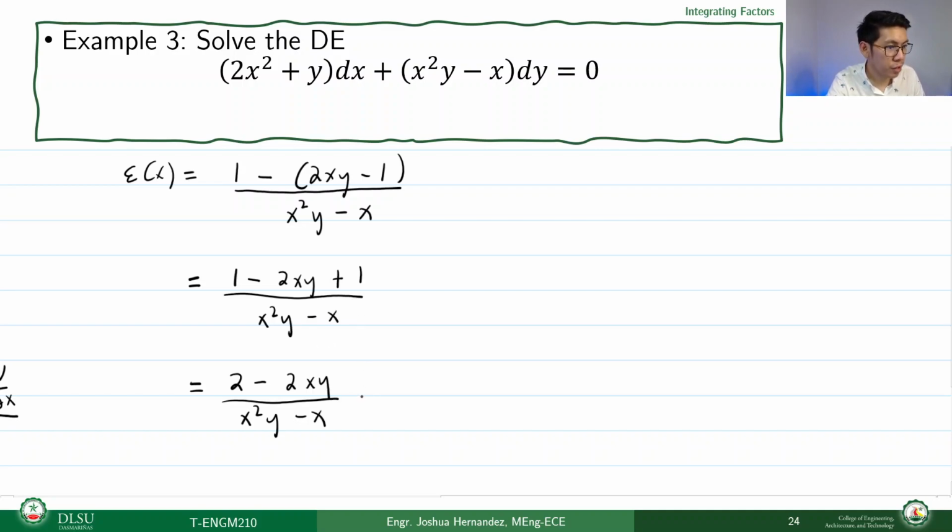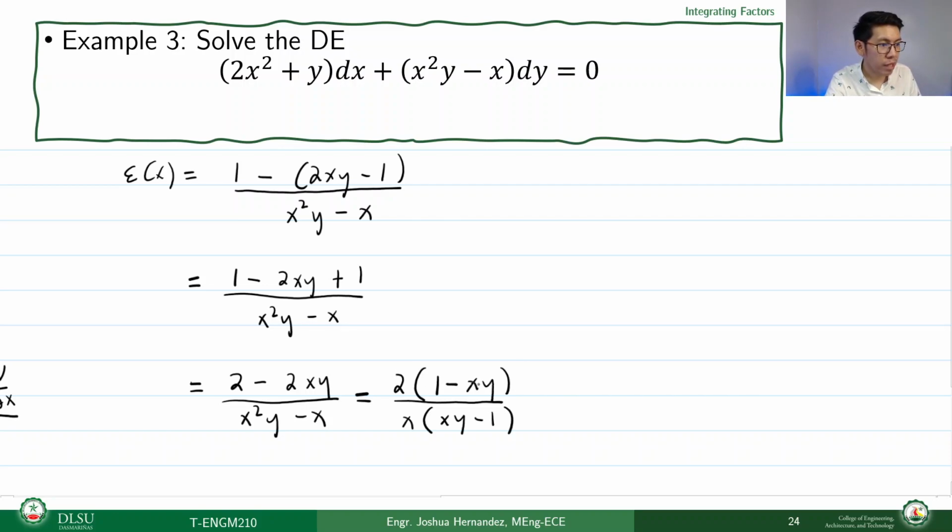You can further expand this to factor out 2, and we'll have 1 minus xy all over. We can factor out x, and we'll have xy minus 1. Itong dalawa, they seem to be similar.